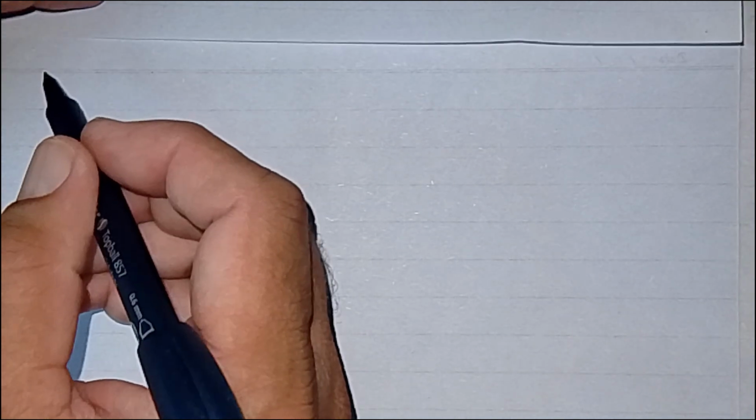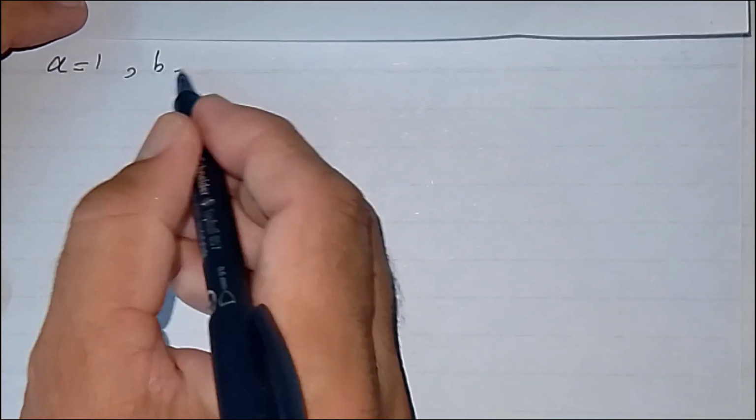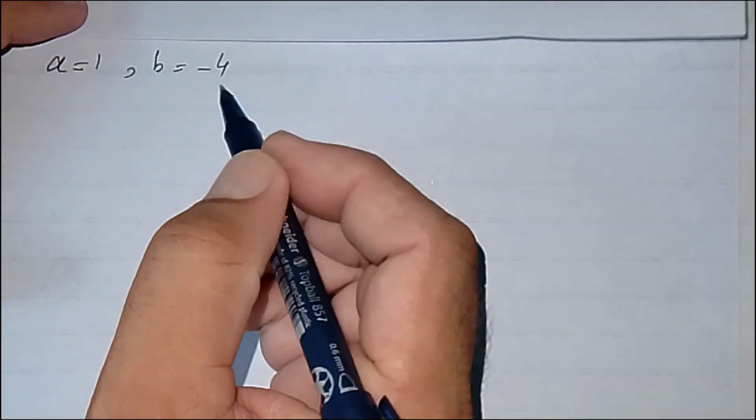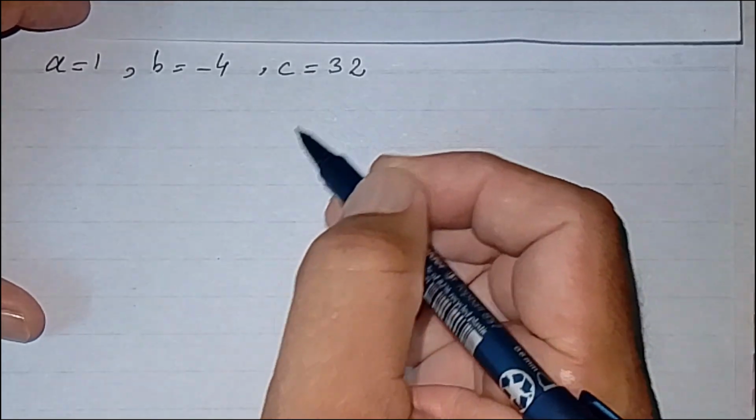Now a is equal to 1, b is equal to minus 4, c is equal to 32.